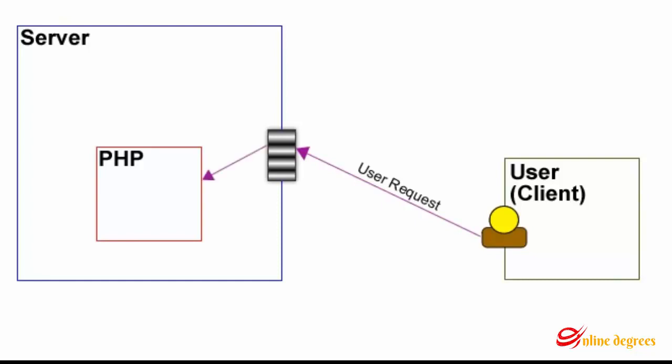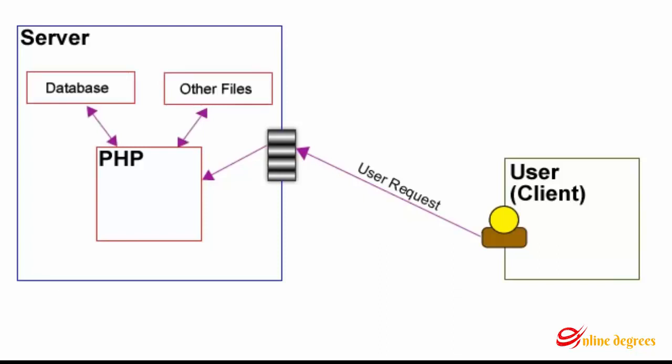While the index.php file is being interpreted, it will have access to other data. This data may be a database also on the server, other files on the server, or could be data from virtually anywhere. For example, this index.php file may be using data from Twitter, Facebook, Google, the list goes on.